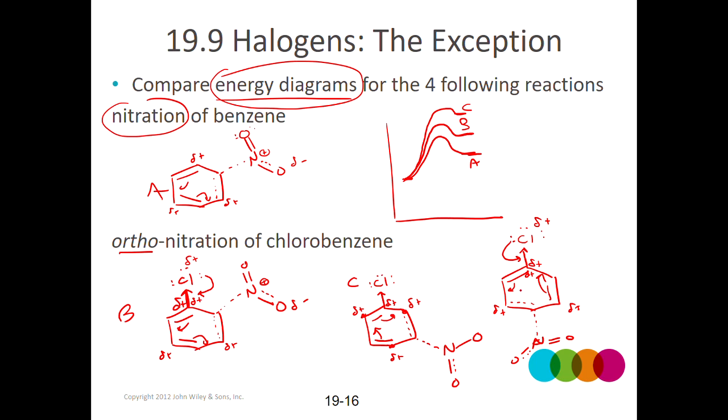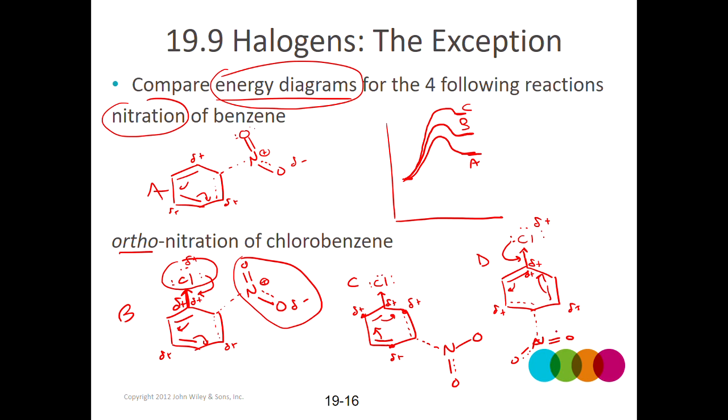So we can say that D, we'll just call this D, is higher in energy than A and lower in energy than C. Well, how does D compare with B? Well, there is also a slight steric hindrance between these groups when they're on adjacent carbons versus if they're on opposite sides of the ring.